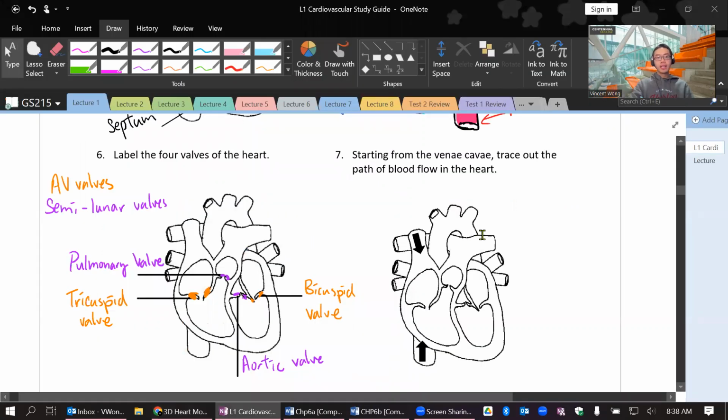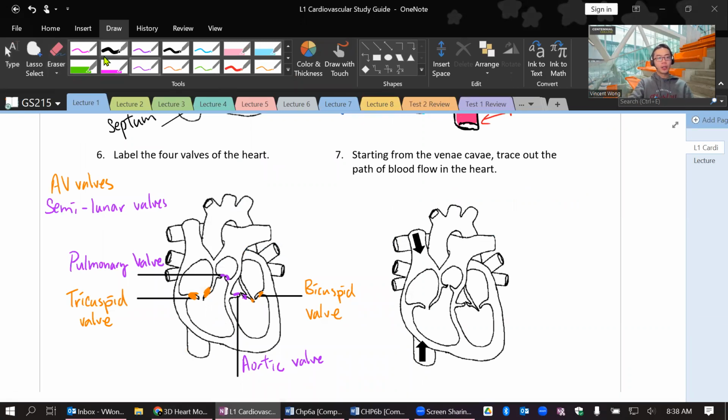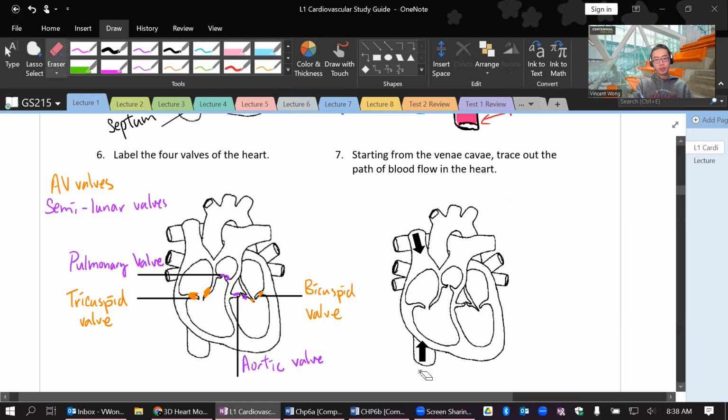All right, finally, starting with the vena cava, trace out the path of blood flow in the heart. So the blood's going to come in from the superior and inferior vena cava, and it's going to go right over here. Okay, we just got to put 1 here.